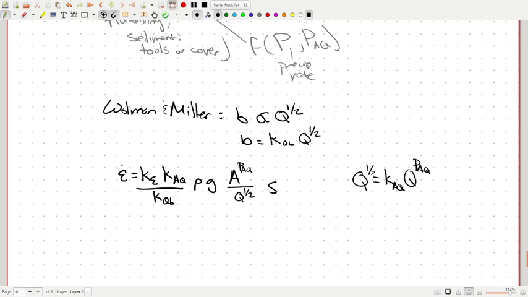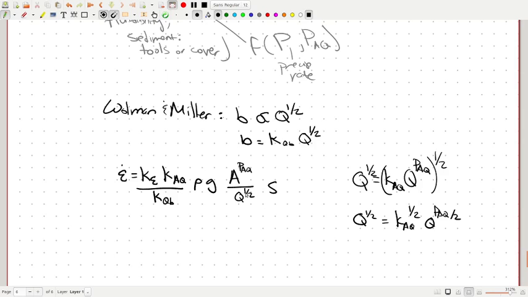So Q to the 1/2 is going to be equal to this whole thing to the 1/2 power, which means that Q to the 1/2 is going to be equal to K_AQ to the 1/2 times A to the P_AQ over 2.